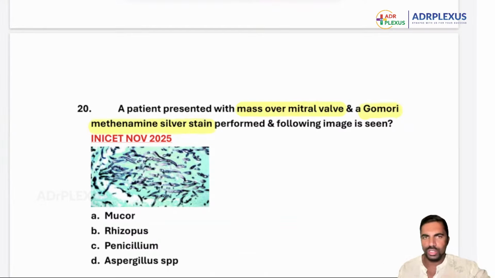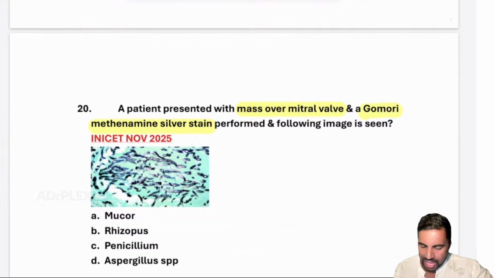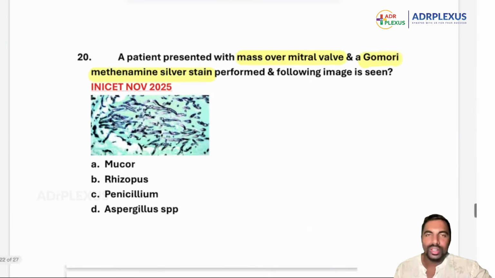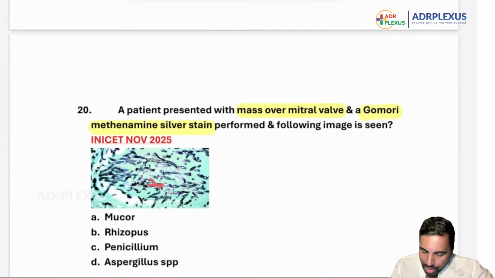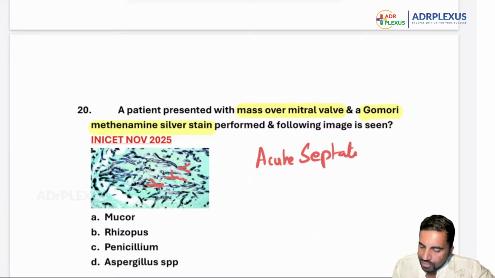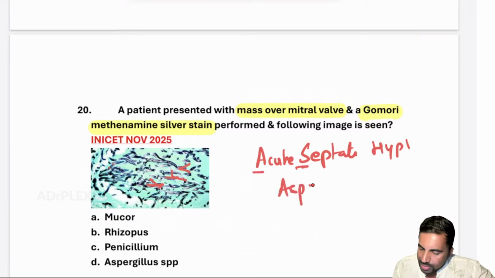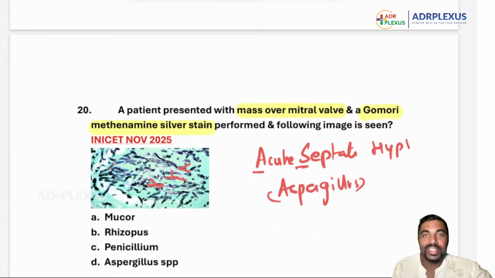You see black-colored hyphae like this, with acute angle branching, and in some places you can see septa also. When you see acute septate hyphae, it is aspergillus. Directly, that's the clue.